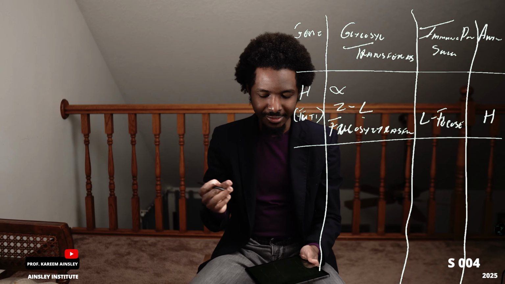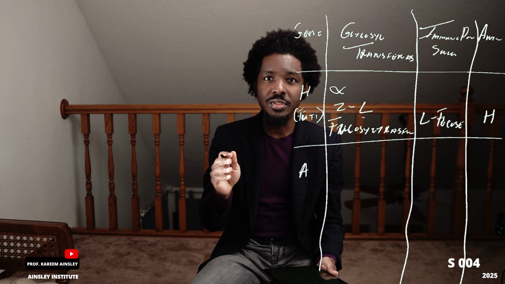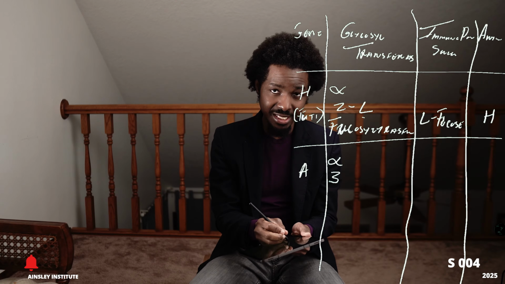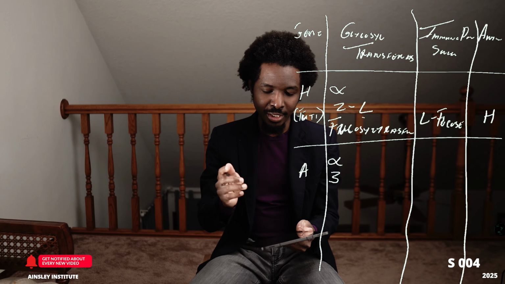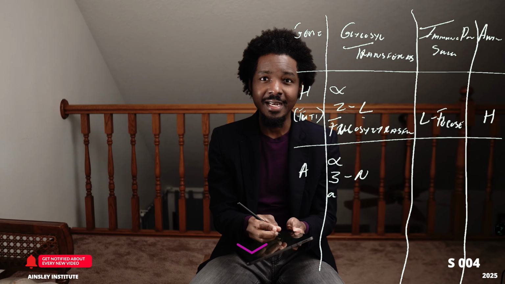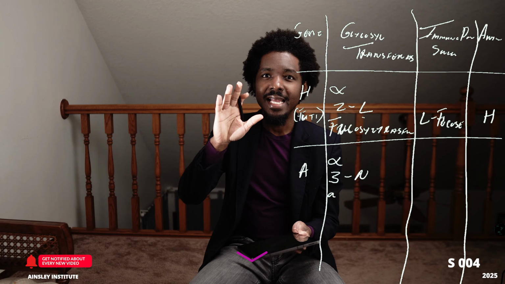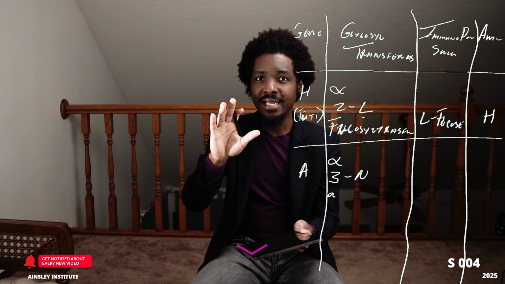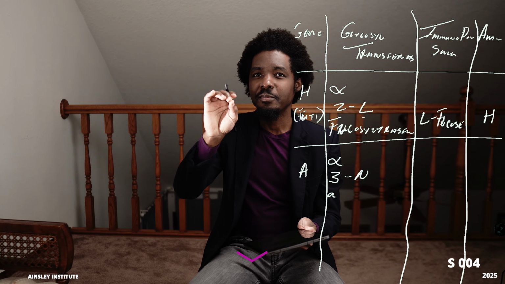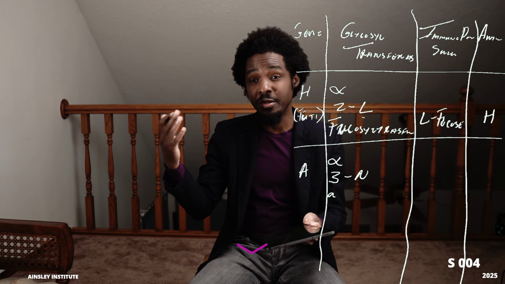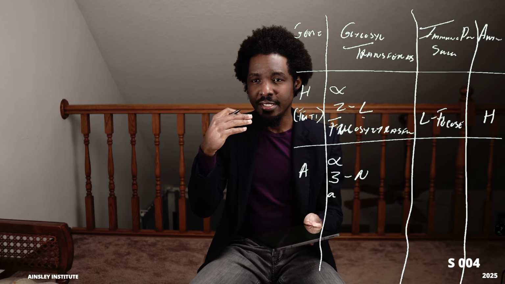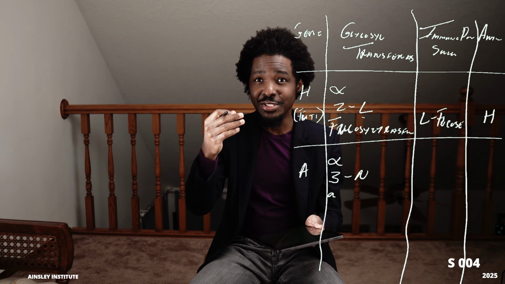Now for the easier ones, A. If a person is A, they're going to have alpha, and this is going to be 3, and not only 3, 3N. And then now we have N-acetylgalactosaminyl transferase, or some may say N-acetylgalactosaminal transferase.